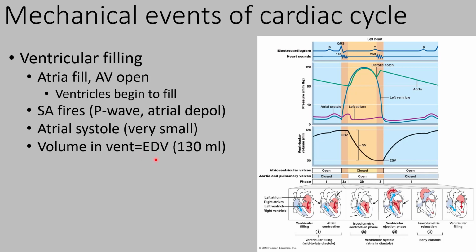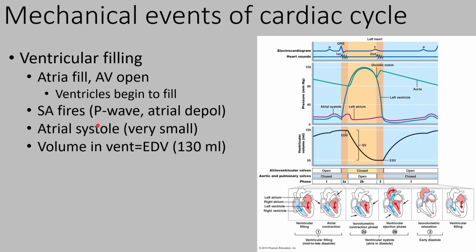Remember ventricular diastole? The ventricles are completely relaxed and they are full of blood. That volume of blood is the end diastolic volume. In the average healthy adult white male, that is about 130 milliliters of blood in each ventricle.